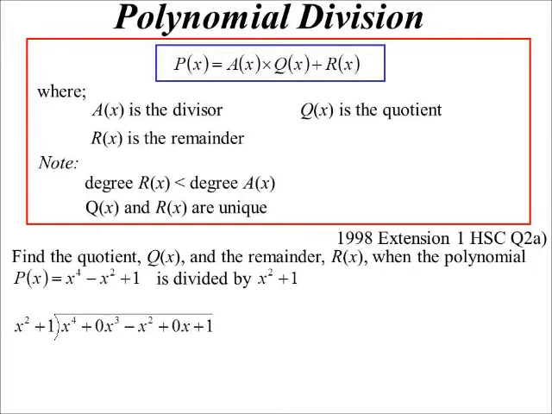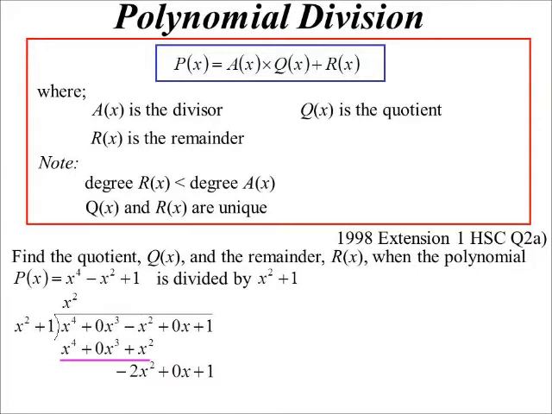So x to the power of 4 divided by x squared would be x squared. Then we multiply out and place the algebra in the appropriate column. So I've got x to the power of 4 plus x squared. And then we get our remainder. We subtract. The x to the 4 disappears, which we expect because we've just done the division. I'm left with minus 2x squared, but I then bring down the other terms at the end. I can keep going because a quadratic will go into a quadratic.